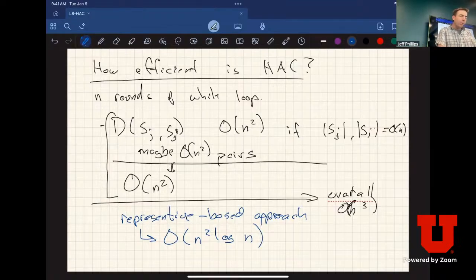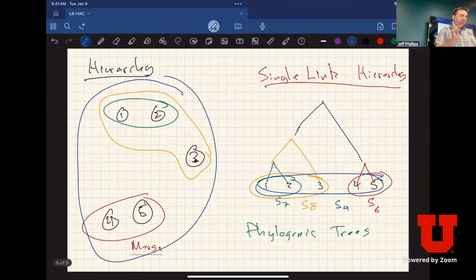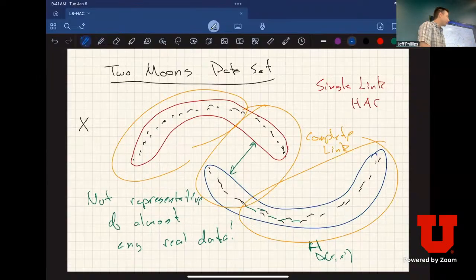But one way to look at this is, single link clustering will give me something structurally different than all the other approaches we're talking about, for the most part. If I do a kernel version of spectral clustering, it probably gives me something similar to this. But let's ignore that for now.